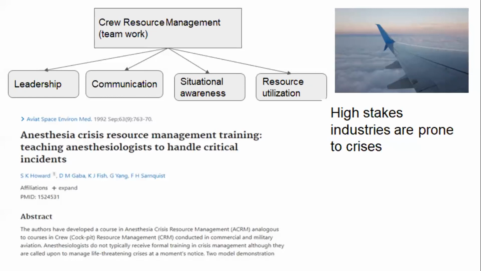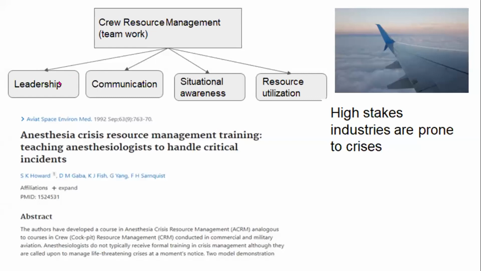You're waiting to see what's going to happen because crises happen all the time. So the aviation industry came up with a way to have their crew think and behave in a certain way when they have a crisis. And therefore, crew resource management.